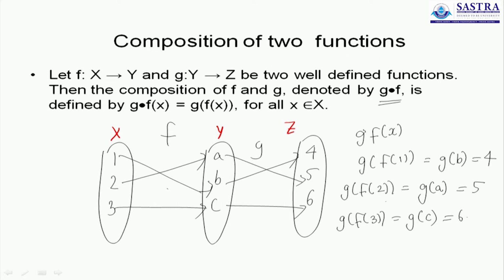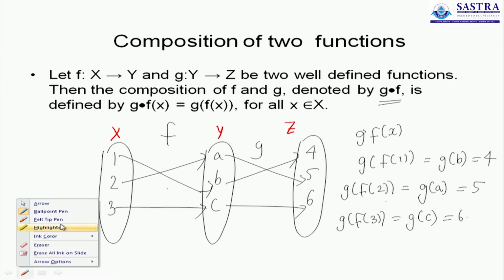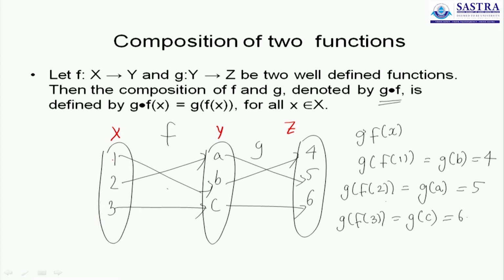So now you will see that as a composition mapping, 1 is getting mapped to 4, 2 is getting mapped to 5, and 3 is getting mapped to 6. Such a method of combining two functions is what you call the composition of two functions.